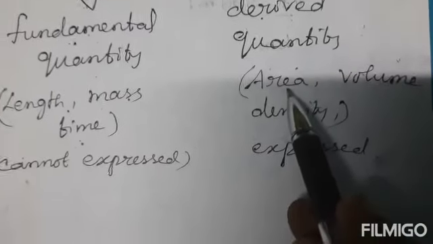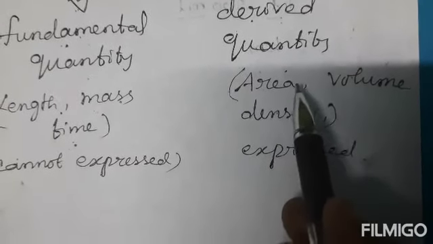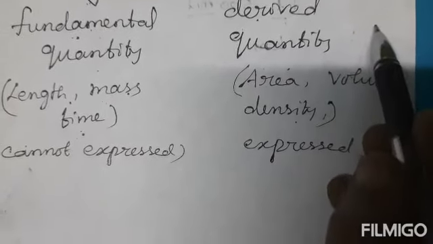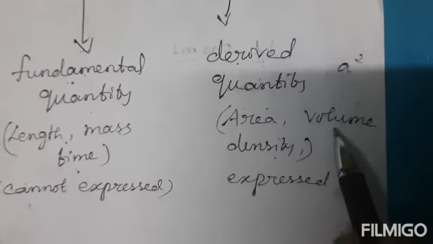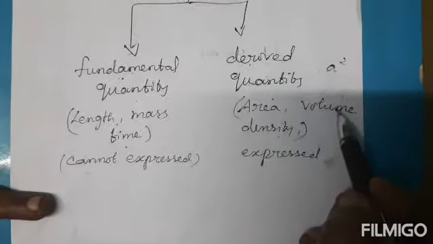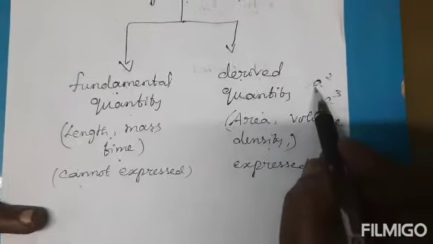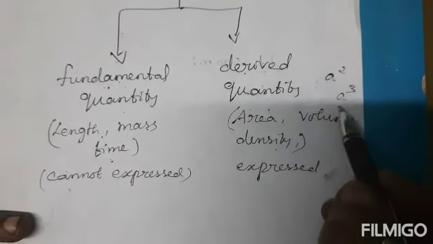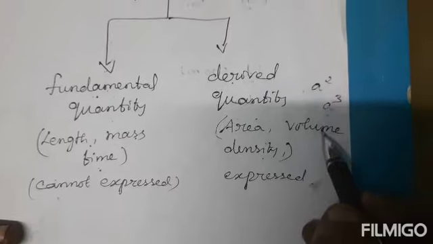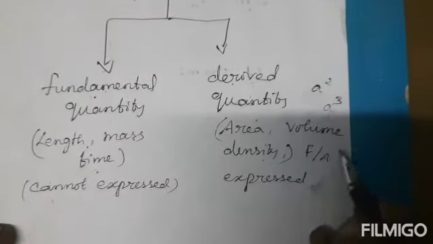See, what is the formula for area? Area of a rectangle, like that, you have learned, no? So the area is side into side, a square. Volume is in cubic units, a cube formula. Density is also mass per unit volume, like that formula.